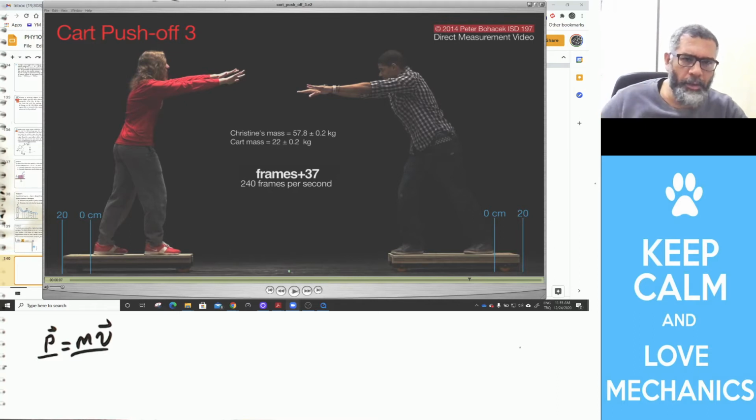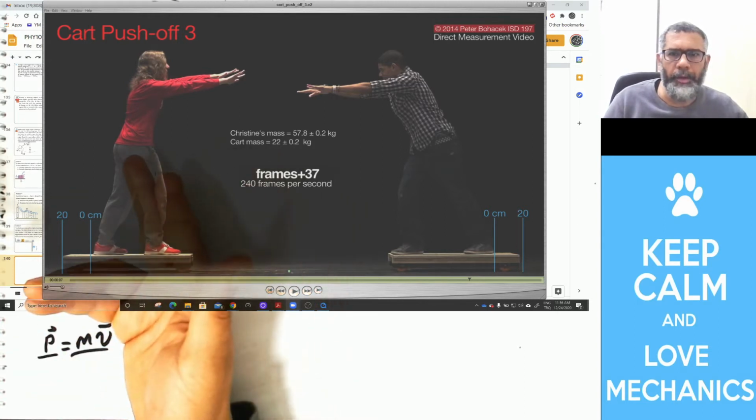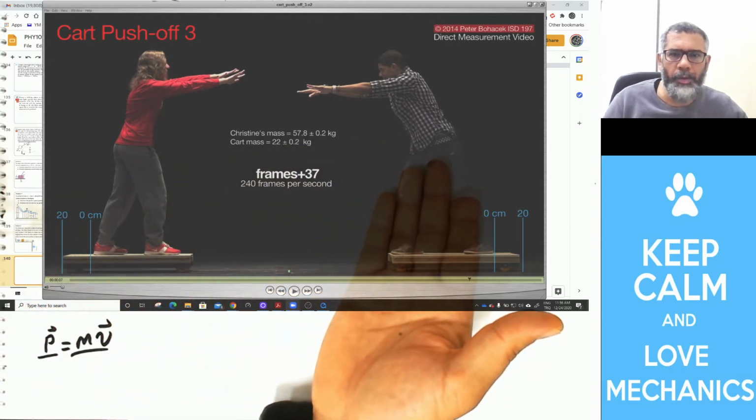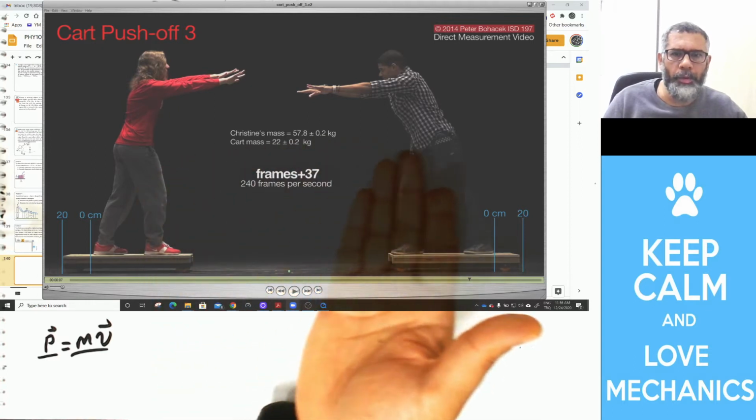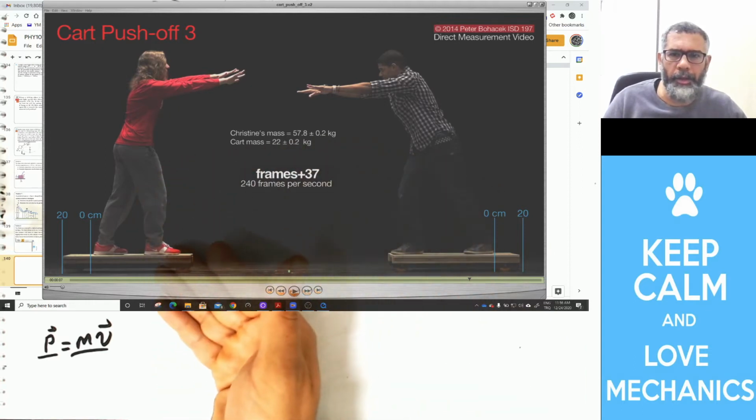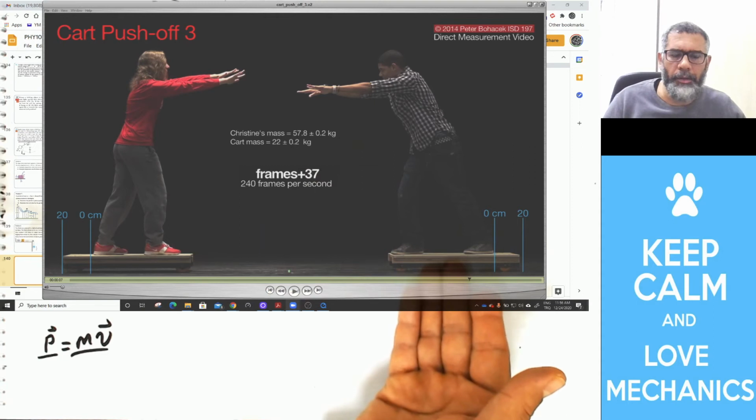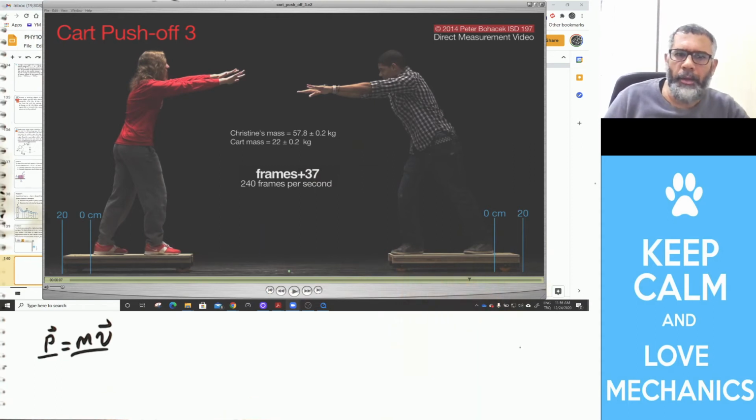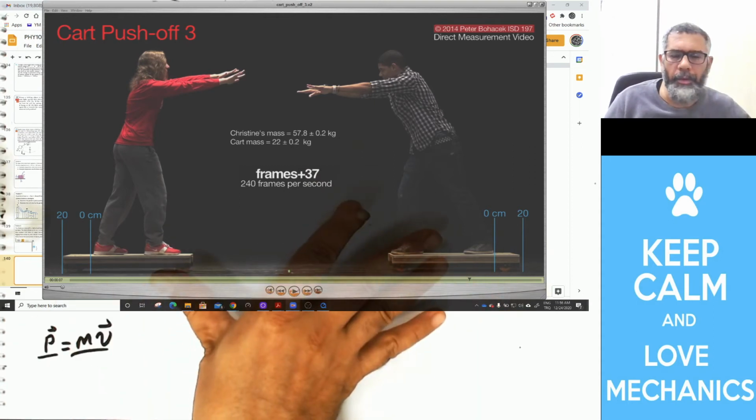You might have a system which consists of many objects, mass 1, mass 2, etc. For example, in this example we can define our system to be these two students together with their carts, trolleys.